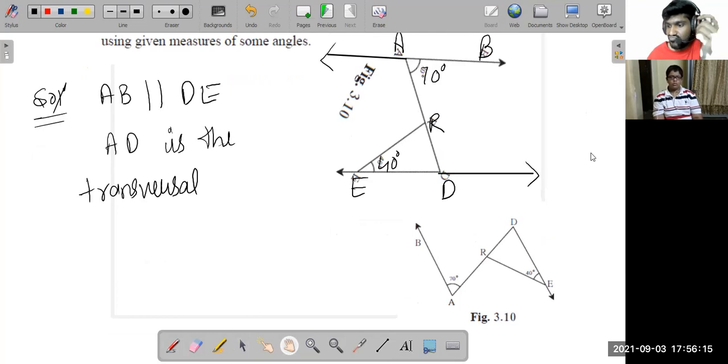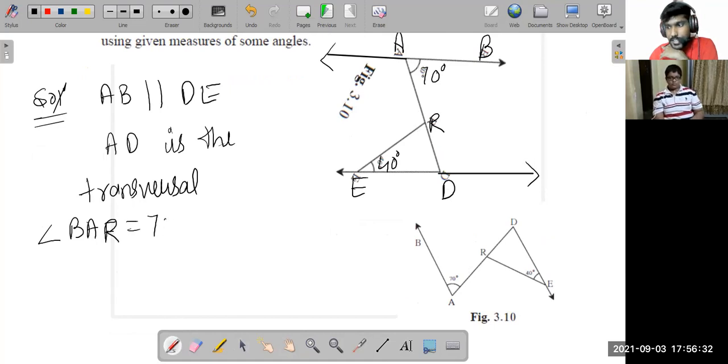Now, what is given? Angle BAR is given as 70 degrees. But can you see BAR will be congruent to which angle? Alternate interior angle. Yes, but which are the two pairs?